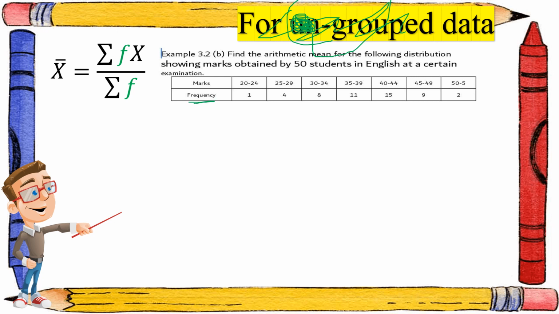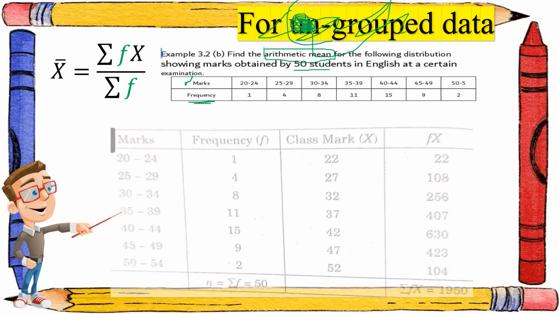When the frequency and marks are given in this type of table, it's so easy to find the arithmetic mean for group data. So here you can see 50 students in English at a certain examination. Find the arithmetic mean for the following distribution.